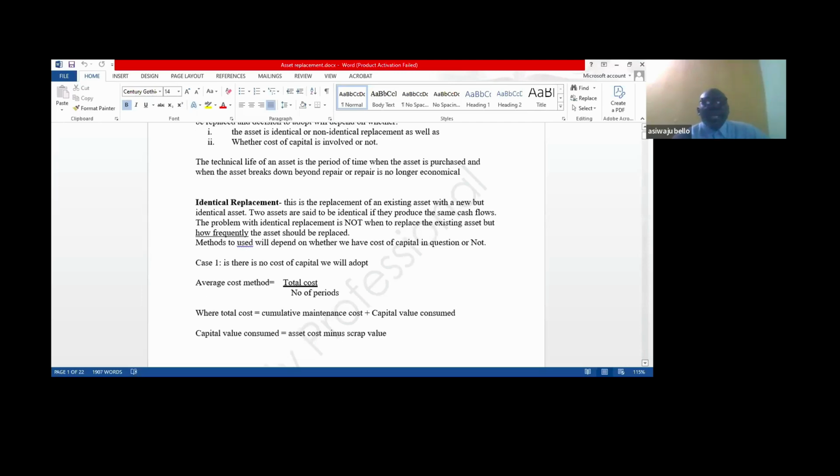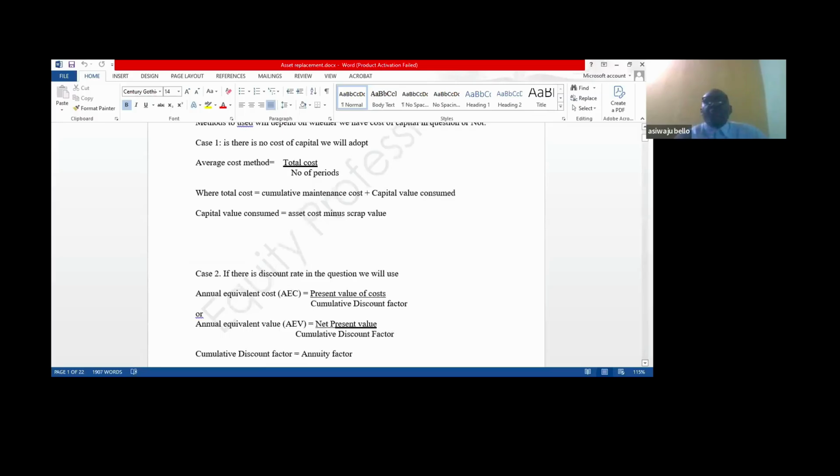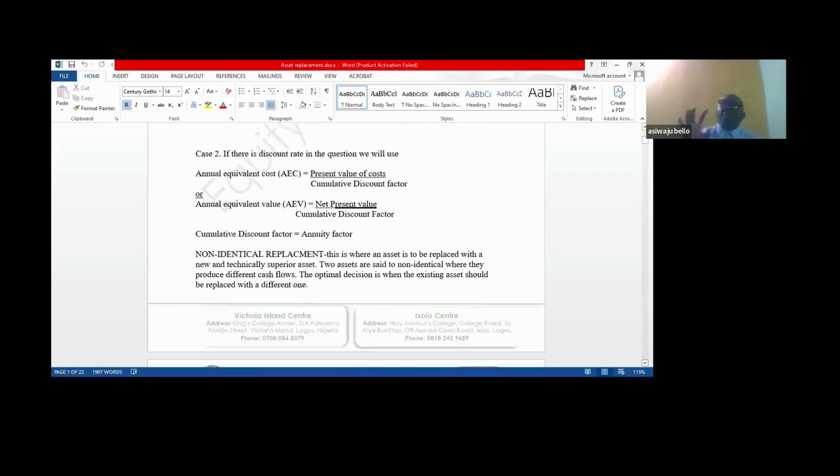Alternatively, where cost of capital is involved, you are going to use annual equivalent value or annual equivalent cost. Annual equivalent cost is calculated as present value of cost divided by the cumulative discount factor.